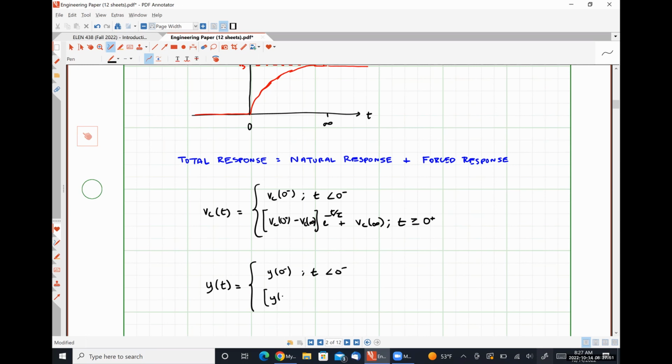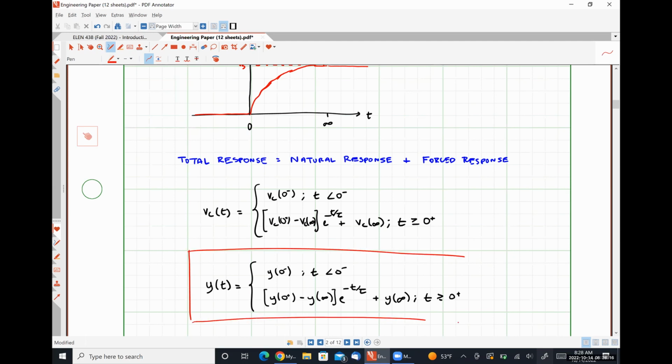And then we'll have y at 0 plus minus y at infinity, times e to the negative t over tau, plus y at infinity for t greater than or equal to 0 plus. This is our generic equation.